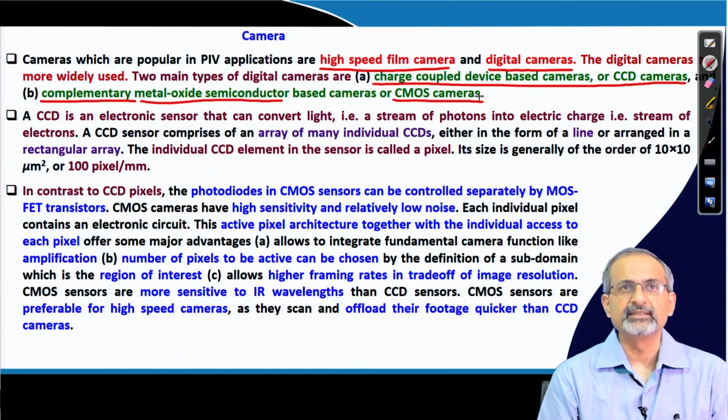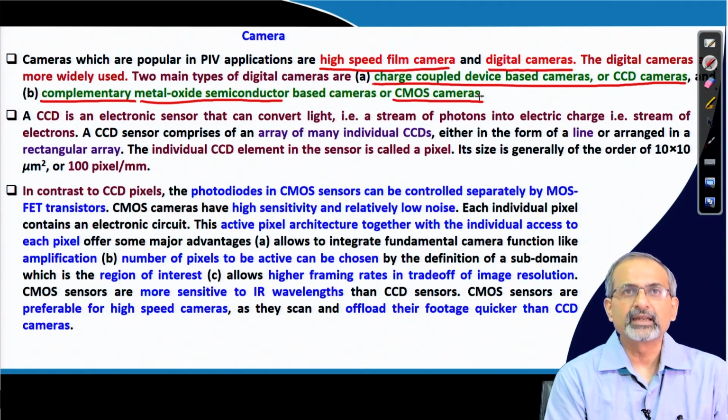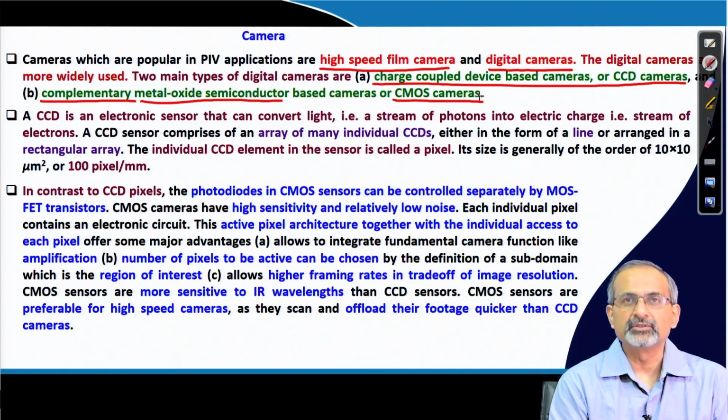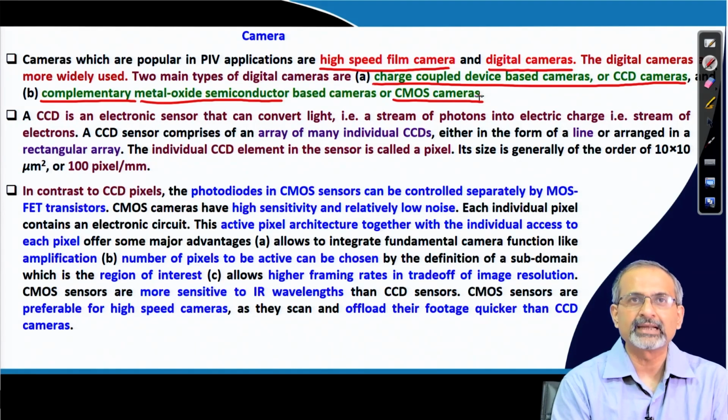Beginning with CCD, it is basically an electronic sensor that can convert the incoming stream of photons into a stream of electrons. And the CCD sensor essentially comprises of an array of individual CCDs, which are arranged in lines or rectangular arrays, and individual CCD elements in the sensor are called pixels.